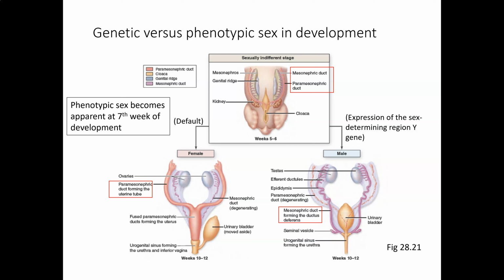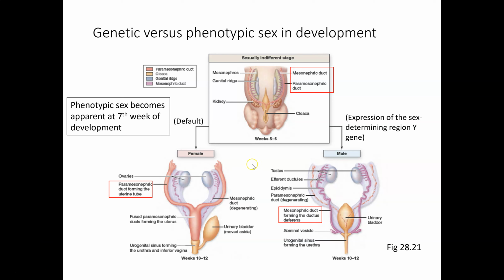There are homologous structures and parallel functions of the gonad and generating the gametes. So they are both made out of the gonads as well as a duct system. And so today we're going to look at how, during development, the female and male reproductive systems are developed.